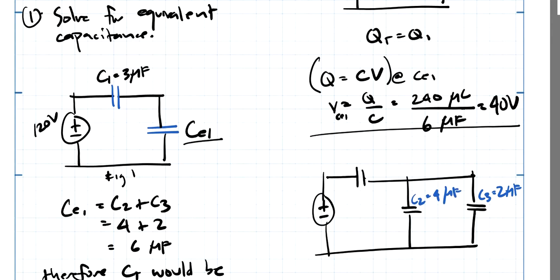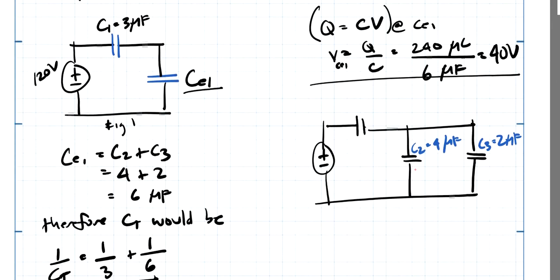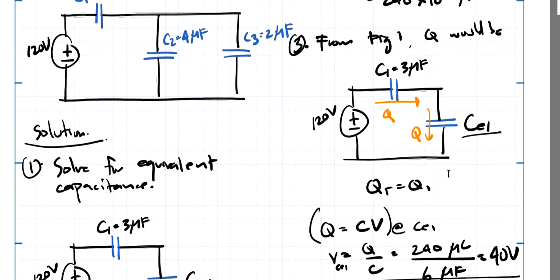Since we already know the voltage here, the 40 volts, then voltage 2 is equal to 40, and this is also 40 volts because it is in parallel connection.